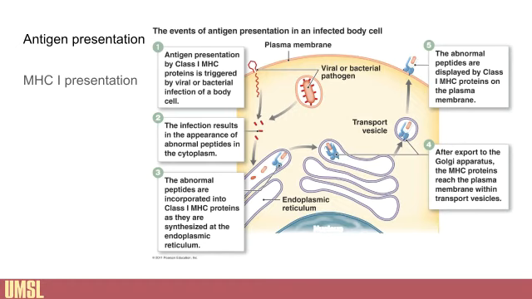Then you'll end up with the presence of abnormal peptides, or things that should not be in that type of cell, and these are then brought to the ER, and in the ER are these class 1 MHC receptors.